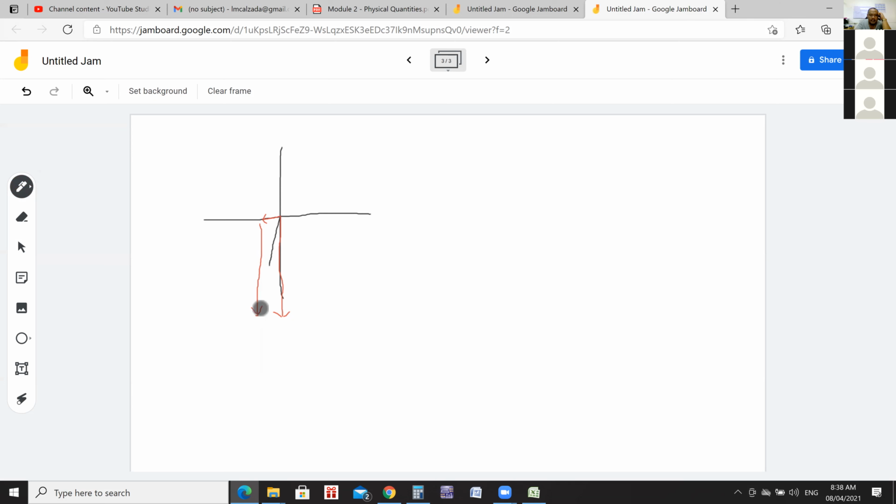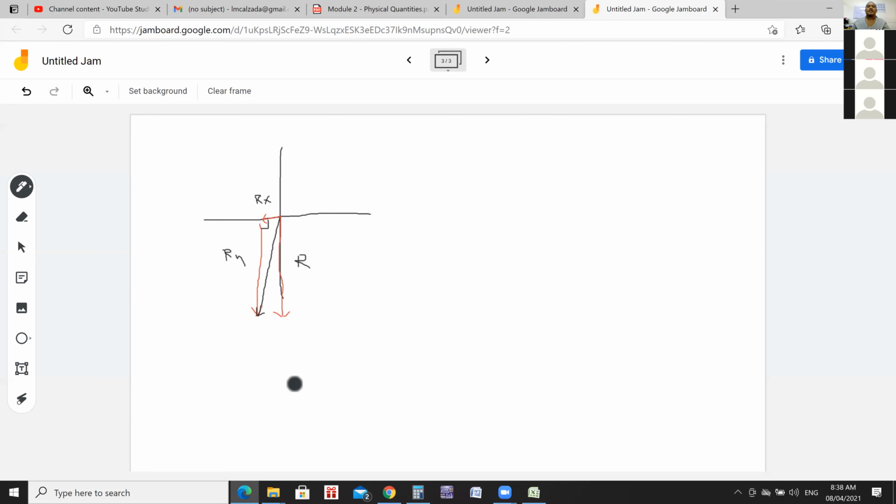Our resultant goes toward the bottom. This is R, this is Rx, and this is Ry. Of course, Rx and Ry are perpendicular to each other. Why? Because this is the horizontal component, and our Ry is the vertical component. The vertical is always perpendicular to the horizontal.